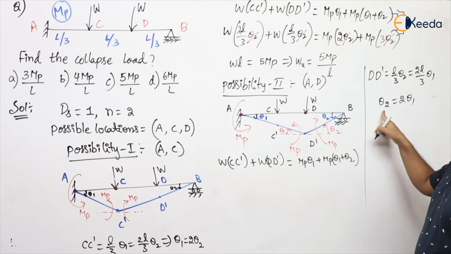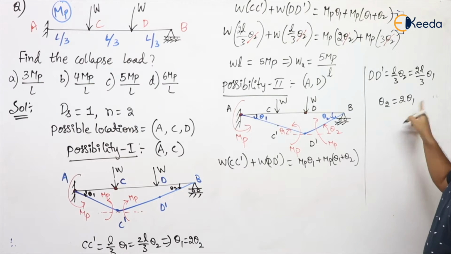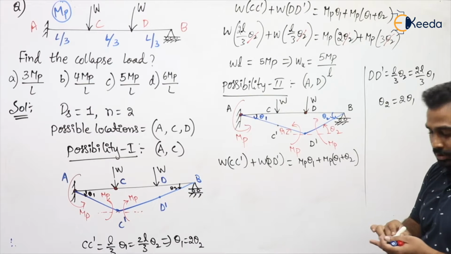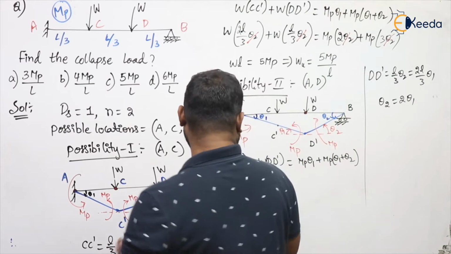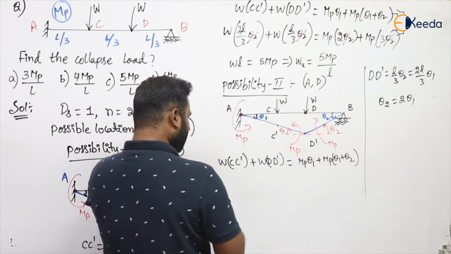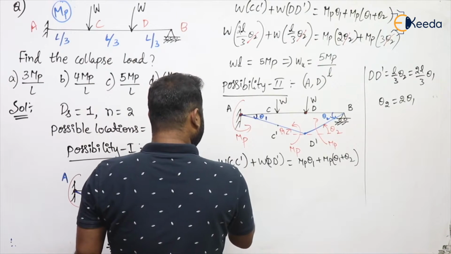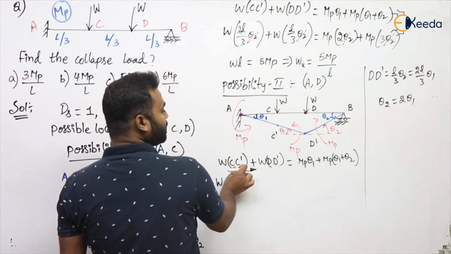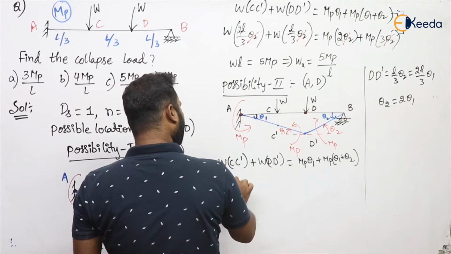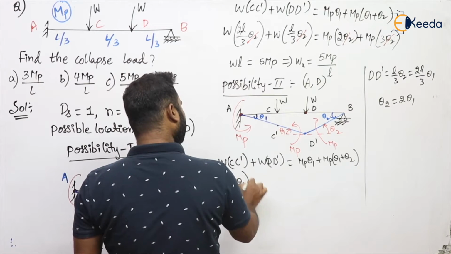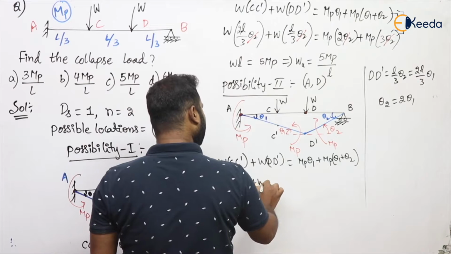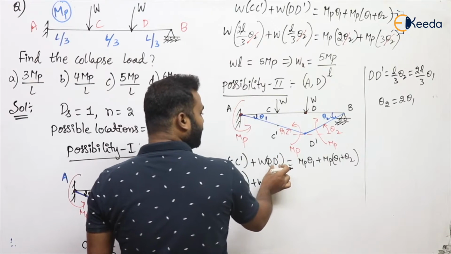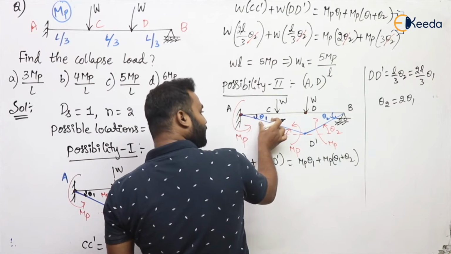Now wherever theta 2 is there, substitute 2 theta 1 in that place. Now W CC dash: write CC dash in terms of theta 1. That is L by 3 theta 1, plus W DD dash. Again, write DD dash in terms of theta 1 only.